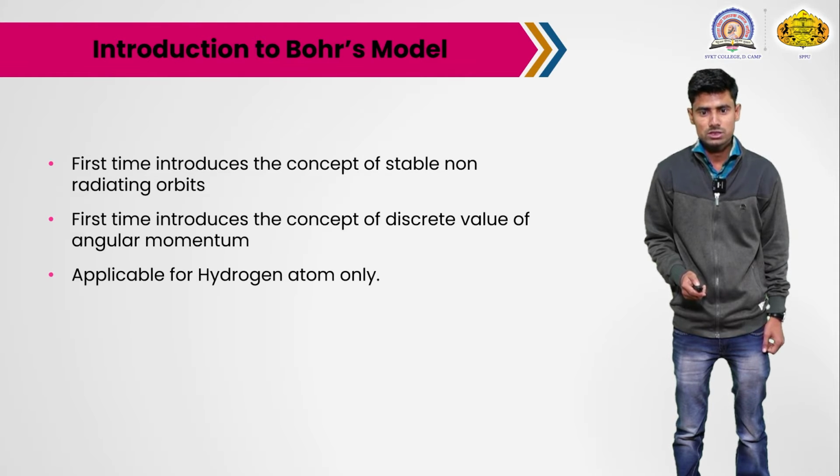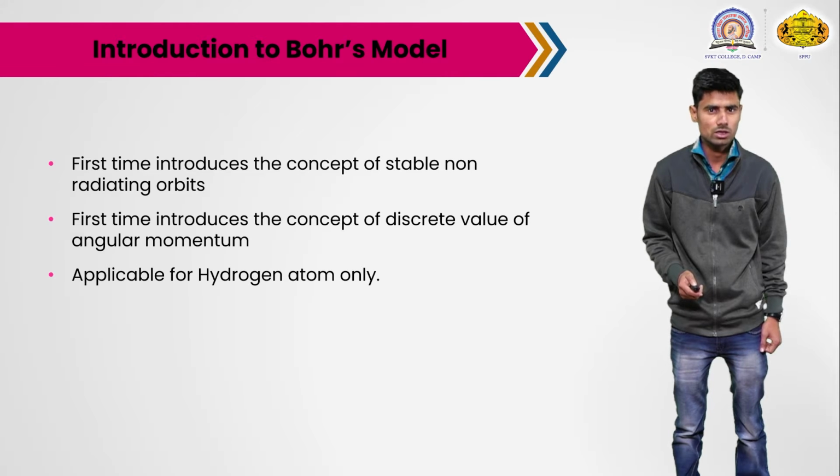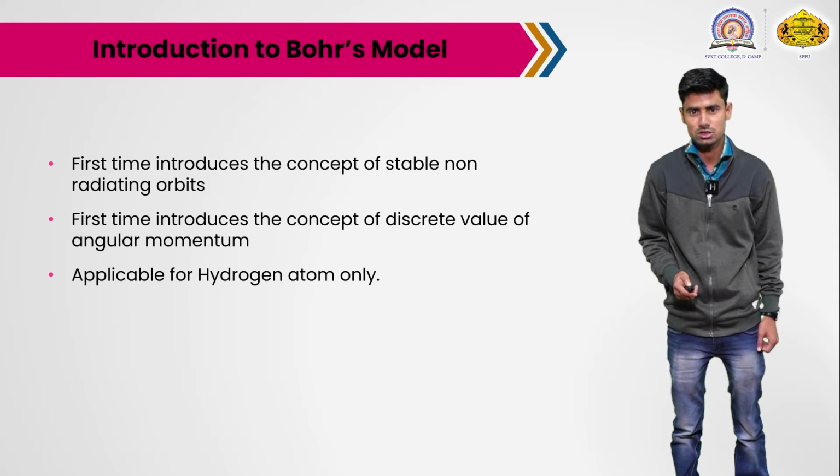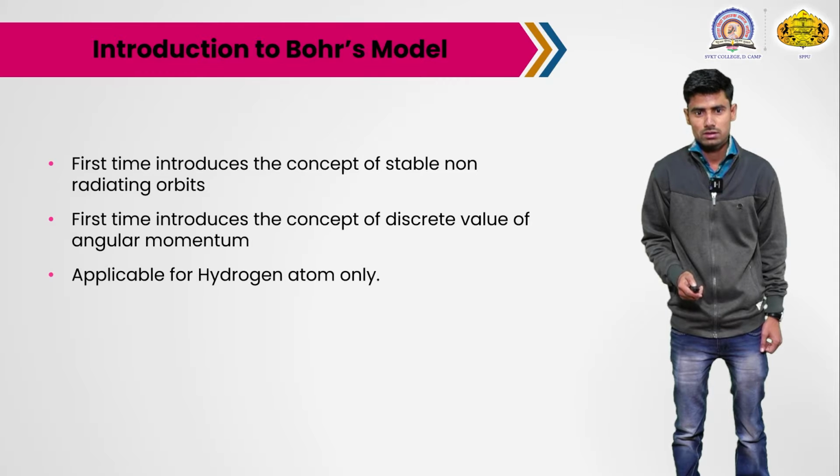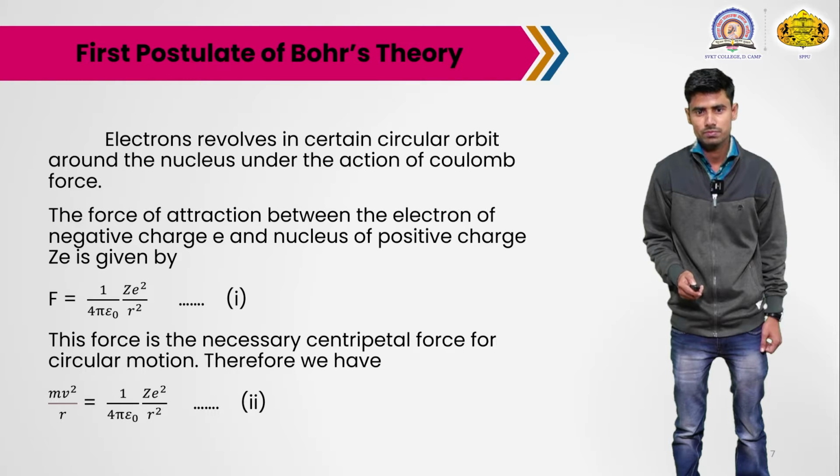He also introduced the concept of discrete values of angular momentum. Classically it was known that angular momentum takes continuous values, but the revolutionary idea introduced by Bohr was that angular momentum is also quantized in nature. And we'll see that this model is only applicable for the hydrogen atom.